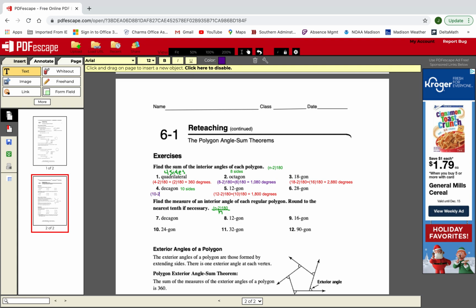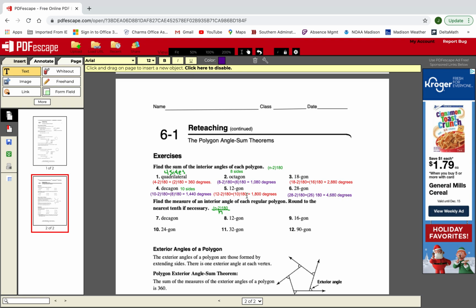So for a decagon, 10 minus 2 times 180 equals 8 times 180, which gives us 1440. Oops, not 1449. You guys know that. Okay. And for a 28gon, we have 28 minus 2 times 180, which is 26 times 180, which gives us 4,680 degrees.